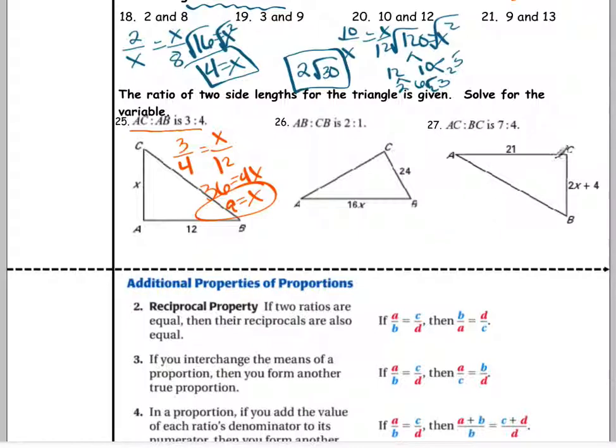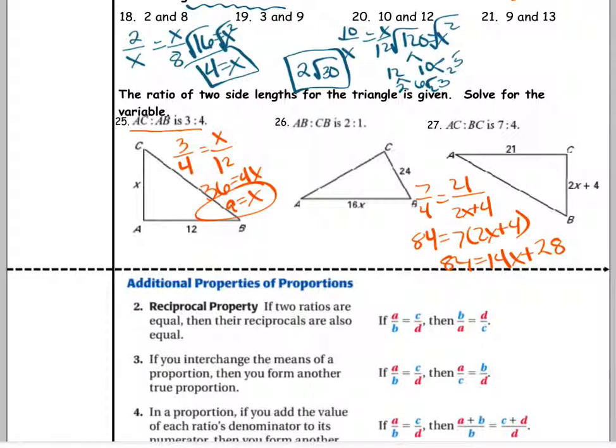To do a more complicated one, like number 27, they have AC over BC would be 7 over 4. AC on top, 21. BC on the bottom, 2x plus 4. Cross multiplying, 4 times 21 would be 84. 7 times 2x plus 4. Cross multiplying the other way. Distributing this 7. 84 would be 14x plus 28.